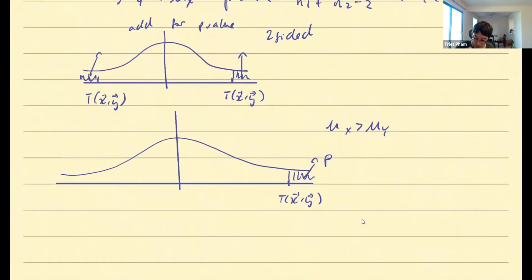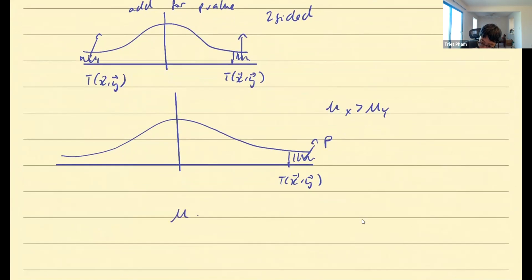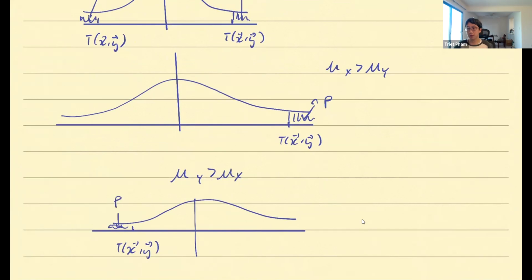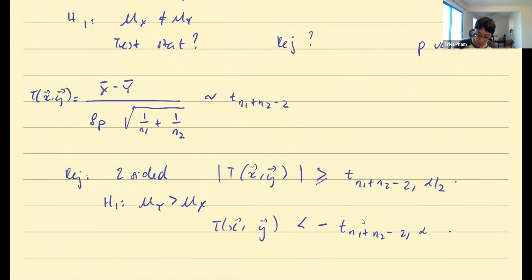Similarly, if mu y is bigger than mu x, then your test stat is sufficiently small. That's the only chance when that happens. So this is your T, your test stat, and you reject when this is small. So that's the picture. Again, it is all because of how you construct this test stat.